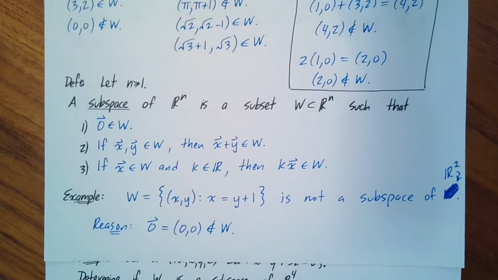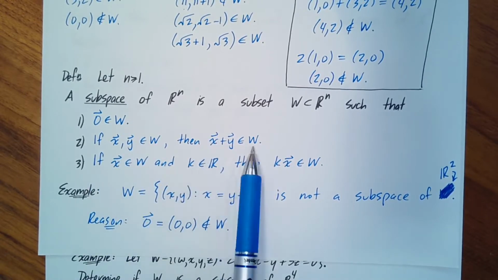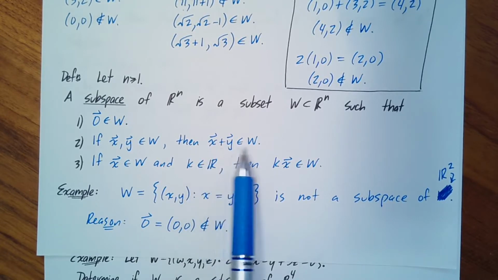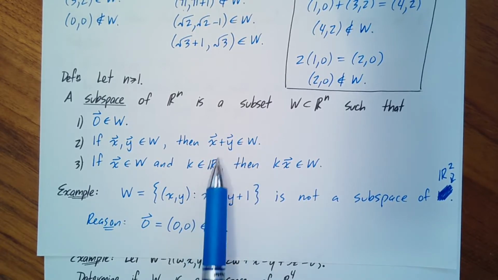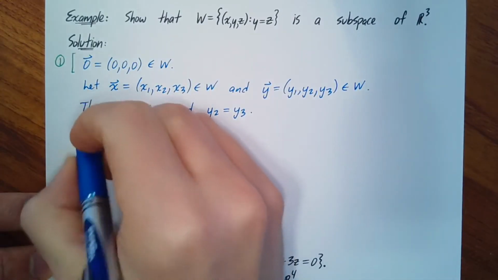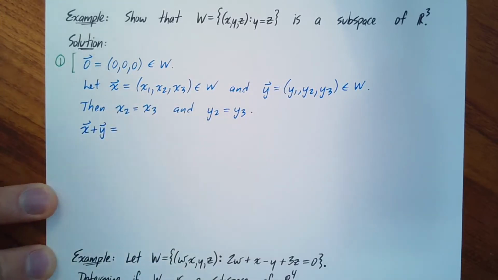We'll go back to what our goal is. We assumed that x and y were in W, and now we want to show, this is the part that we need to prove, that the sum of x and y is also in W. Well, let's start by actually writing out what the sum of x and y is. So let's write out x plus y, and we'll just add those two vectors up, right?